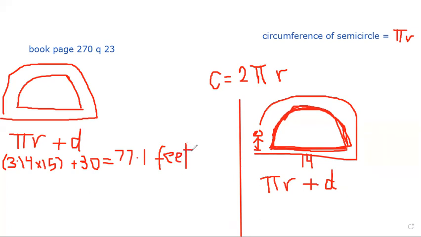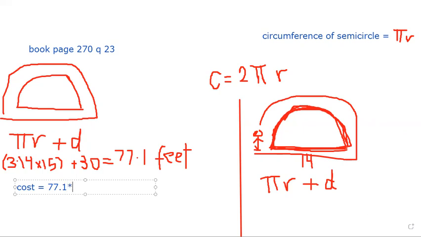After that, he said that the cost is $9.25 per linear foot, right? So how will we calculate the cost for this fence? We found now that the total perimeter for this figure is 77.1, and the cost for each 1 foot is 9.25.